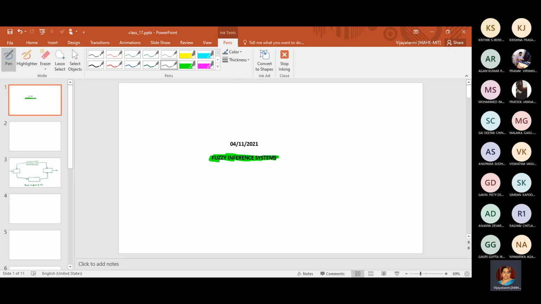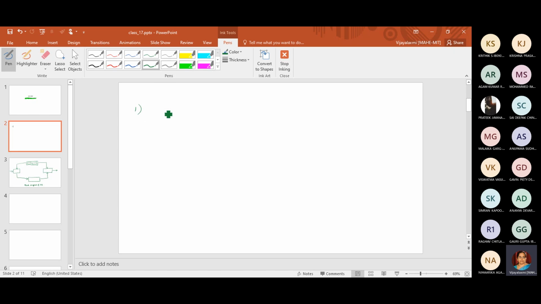Okay. So coming to fuzzy inference systems, it has 5 functional blocks.